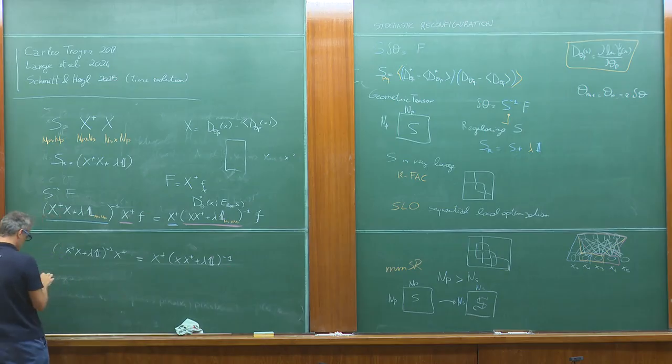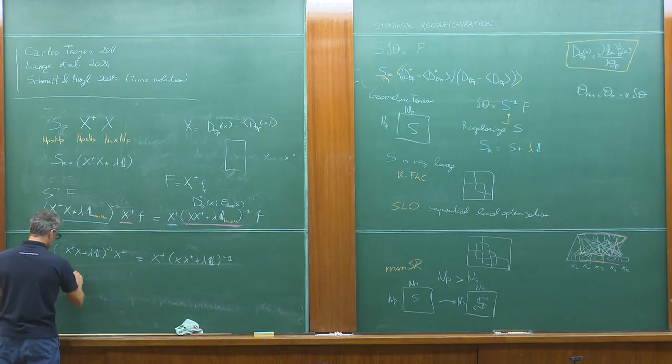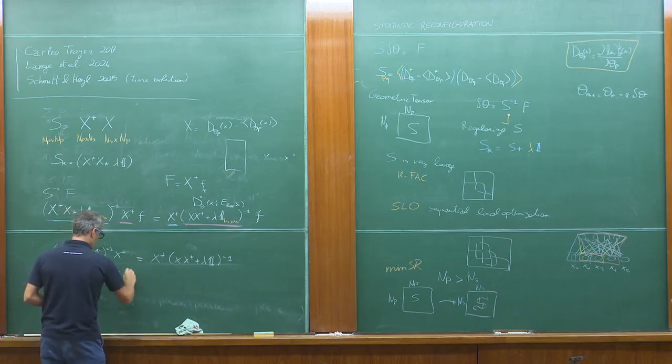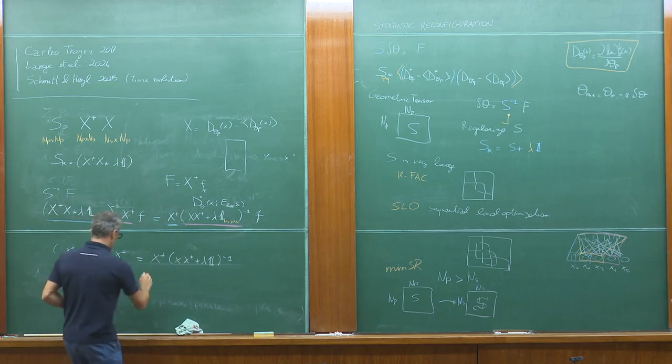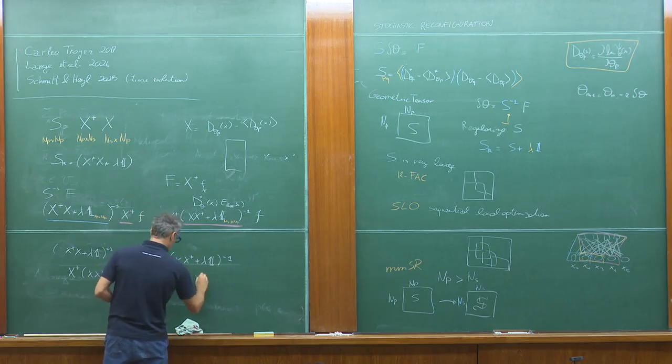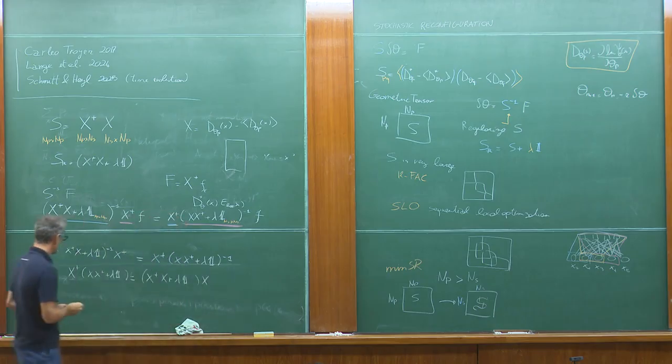And it becomes X dagger X X dagger plus lambda identity equals X dagger X plus lambda identity times X dagger. Okay? Did I do it correctly?